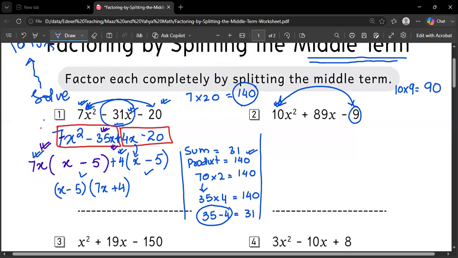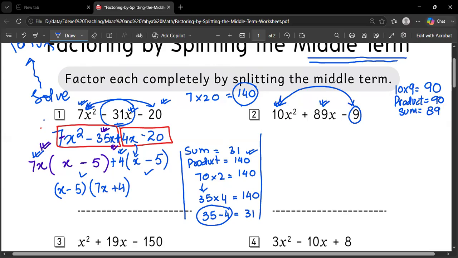Now think about the two numbers which make 90. When we take the product of those two numbers, we get 90, and when we take the sum, we get 89. So the product should be equal to 90, and the sum equal to 89.